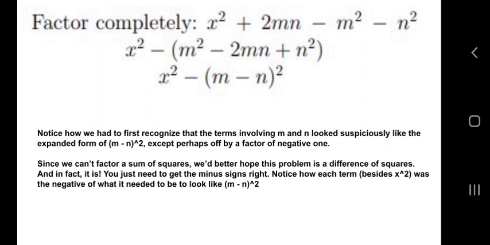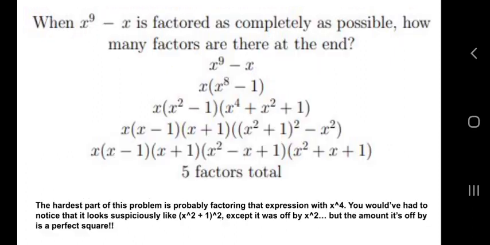We just need to get the minus signs right. Also notice how each term besides x squared was the negative of what it needed to be to look like m minus n squared. That's why we factored out a -1. Hopefully you can see how factoring out the -1 helped us realize that it was some x squared minus something else squared. And the last step, I'm sorry I forgot to put it there, is x minus m plus n times x plus m minus n.